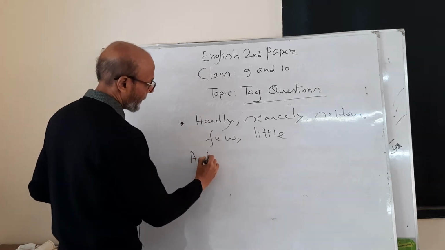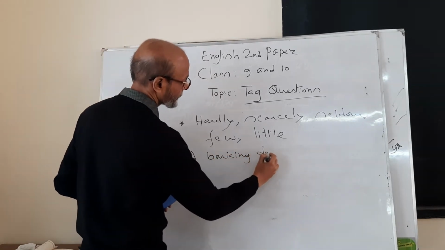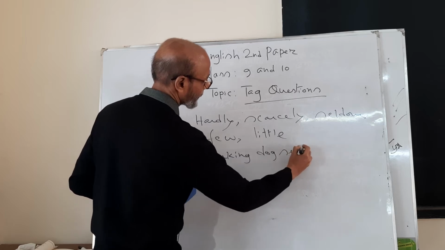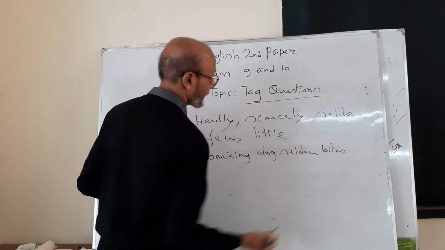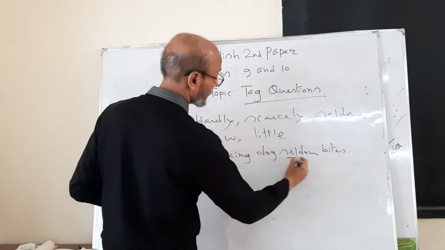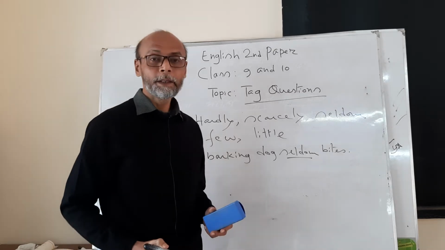For example, "A barking dog seldom bites." It's a sentence, look at here, "seldom" surely indicates negative.